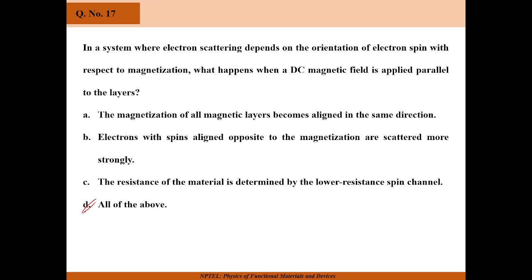The resistance of the material is determined by the channel formed by the lower resistance spins. The more lower resistance spin channels, the lower the resistance. So the correct answer is all of the above.